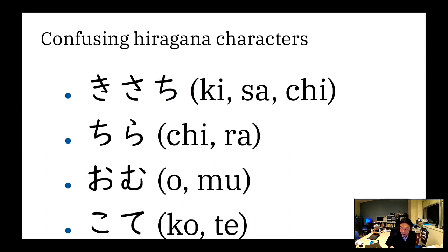In fact, this one and this one look completely different, and then you might ask why these are confusing. This is confusing when it's printed. When you have characters, there are two different forms. One is a print form, and another is a handwritten form.